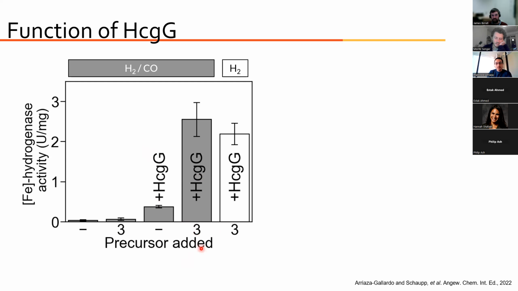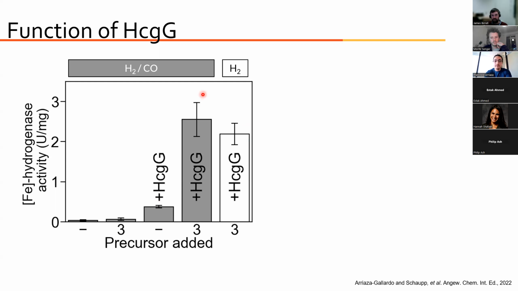Of course, when we add precursor 3 and our enzyme, we can recover a lot of the iron GP cofactor activity. And interestingly, we can skip the carbon monoxide in this case and only incubate under hydrogen, and we have around 80 to 90% of the activity that we have with carbon monoxide.